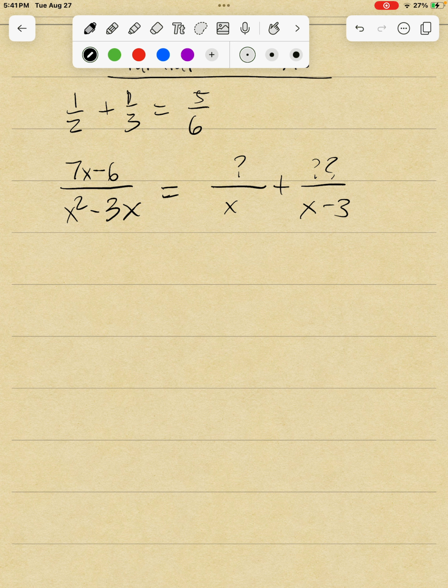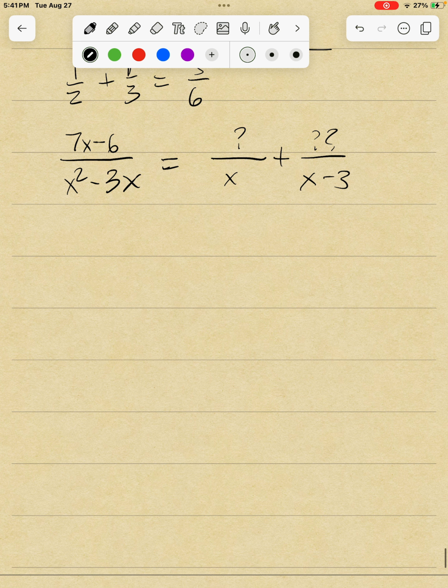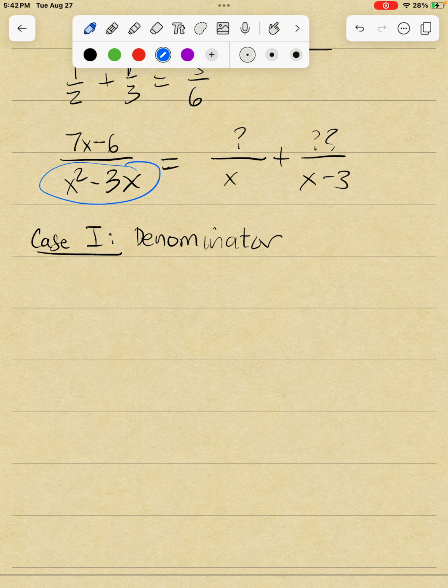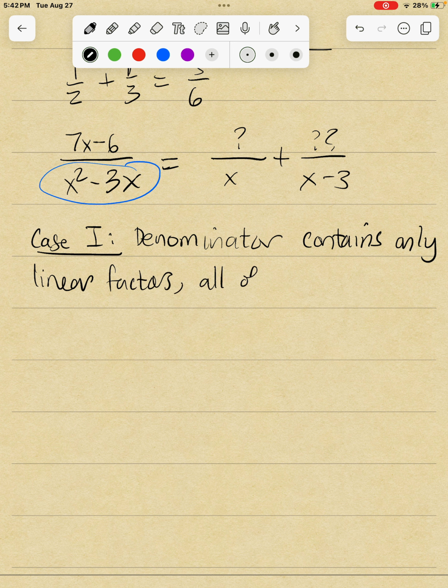And there's lots of different possibilities for the denominator. So let's talk about one of the cases. This is when the denominator, in this case, that would be the denominator in this example, contains only linear factors, all of which are different.